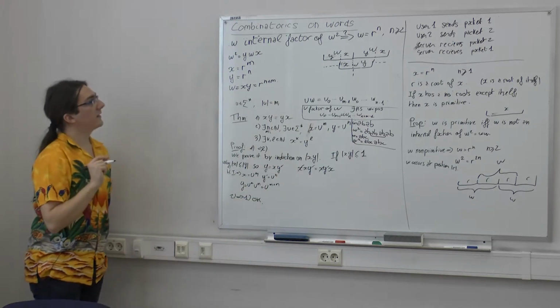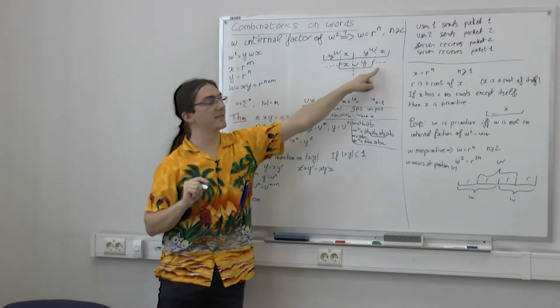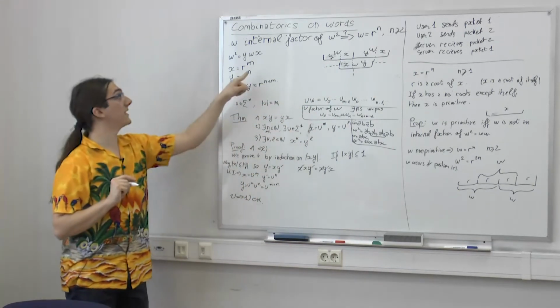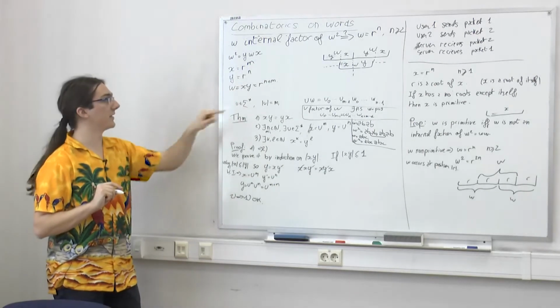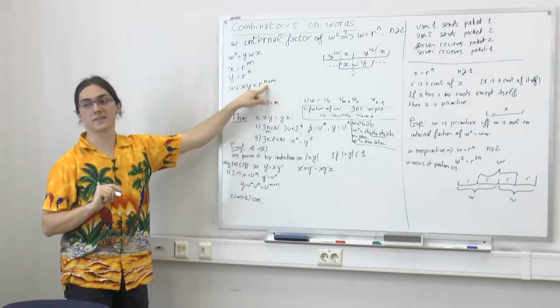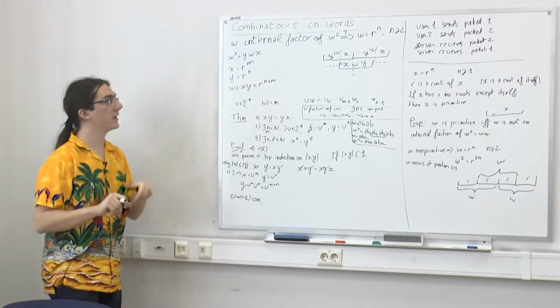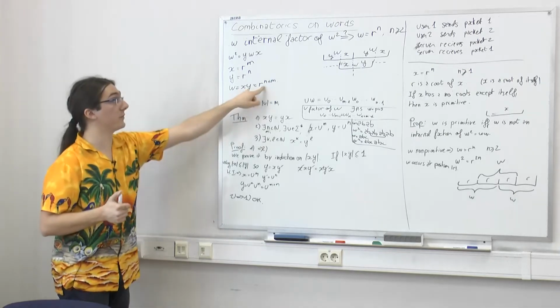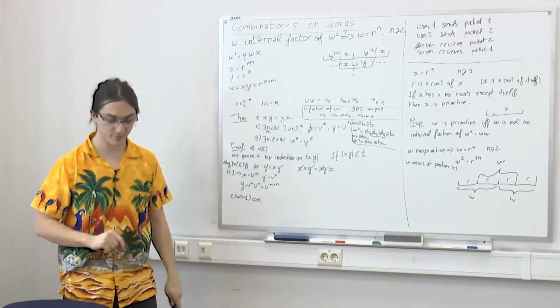The slight detail is to notice that Y is non-empty and X is non-empty. So this power is not 0 and this power is not 0. And like this you get something that is at least 2, because you have at least 1 here, at least 1 here. Otherwise you could have n plus m equals 1 and then W would be primitive, but here it works.